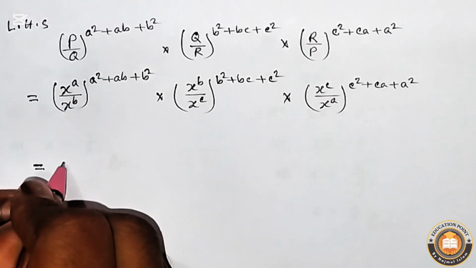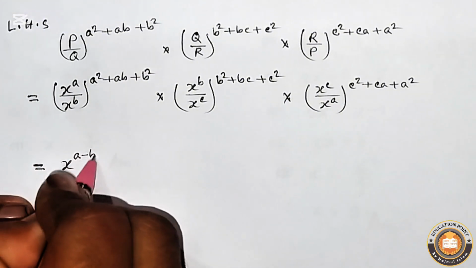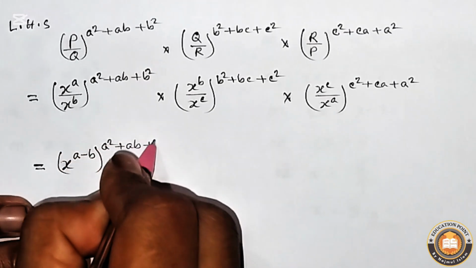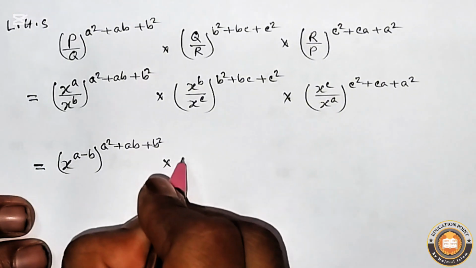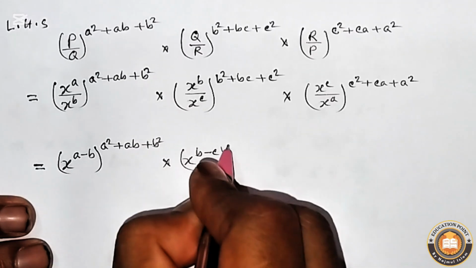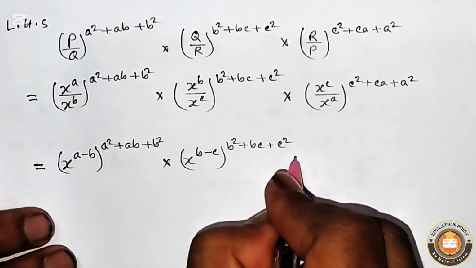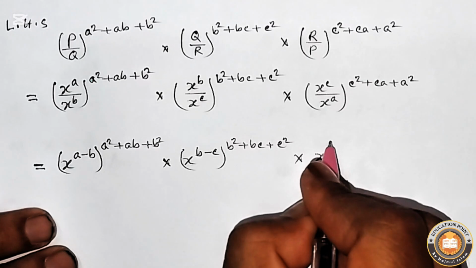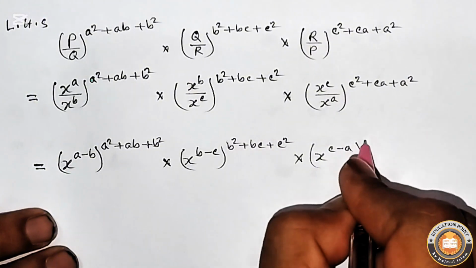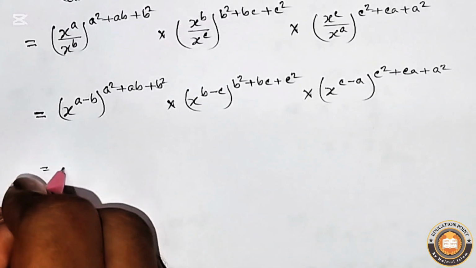Here similar base x, according to the formula their power will be subtracted, that means a minus b, then whole power a square plus ab plus b square, into similar base x, their power will be subtracted, that means b minus c, their whole power b square plus bc plus c square, into similar base x, their power will be subtracted, c minus a, then whole power c square plus ca plus a square equal x to the power.